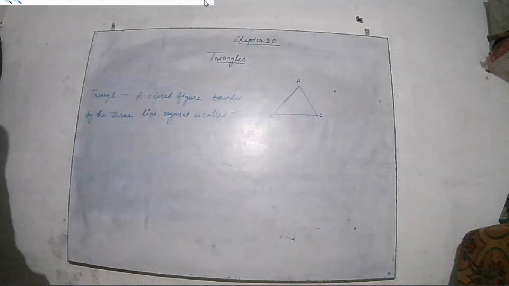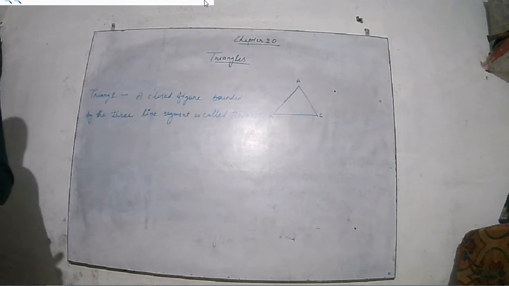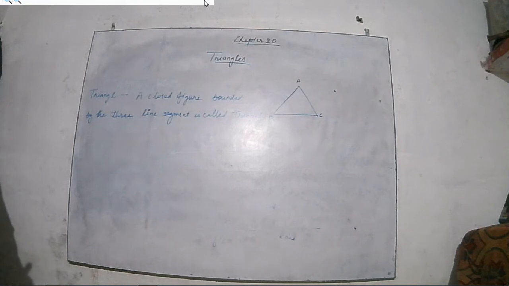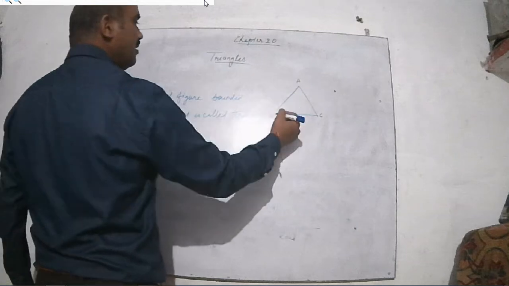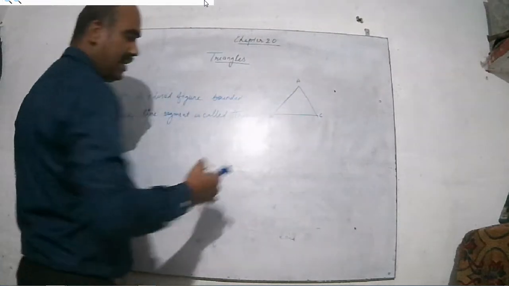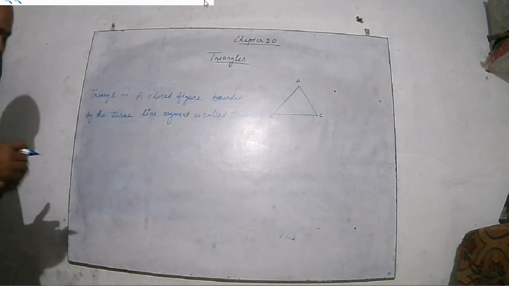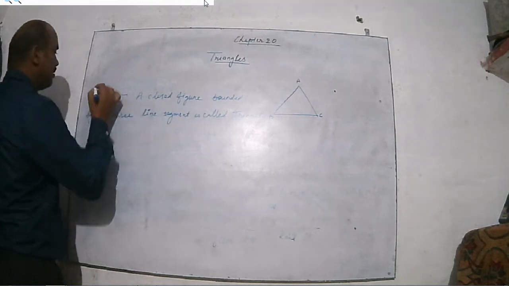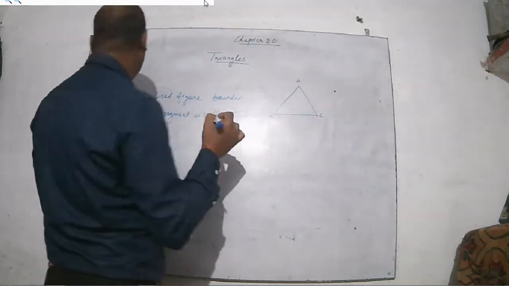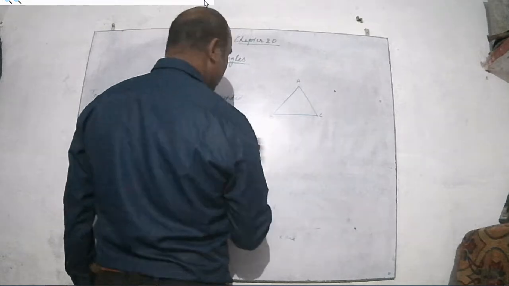Let A, B, C be three non-collinear points. If we join them in pairs, we get a closed figure bounded by three line segments, named AB, BC, and CA. To denote the triangle we use this symbol.